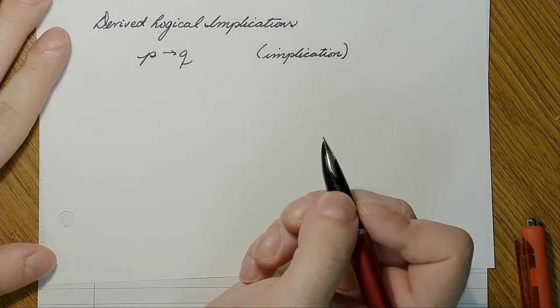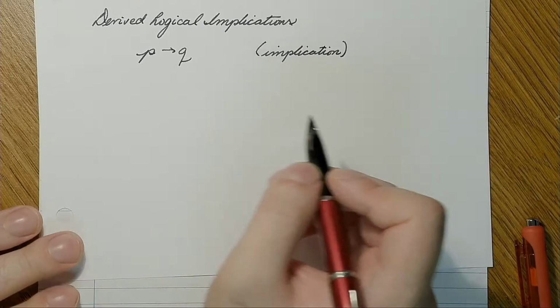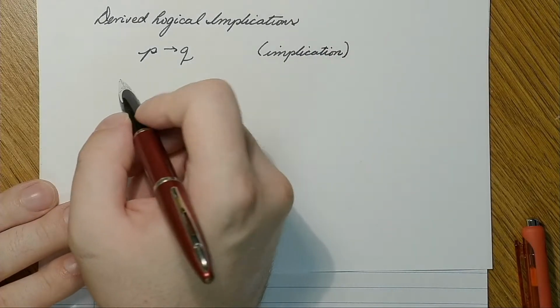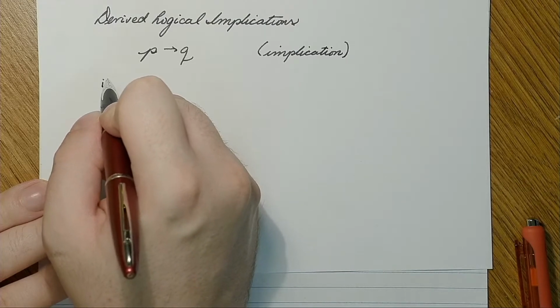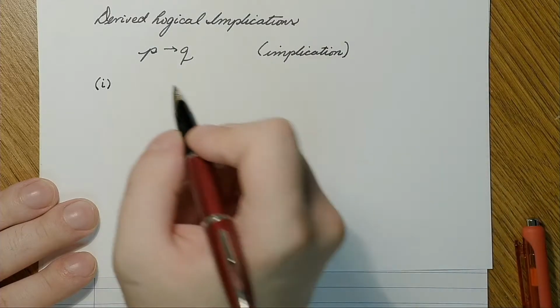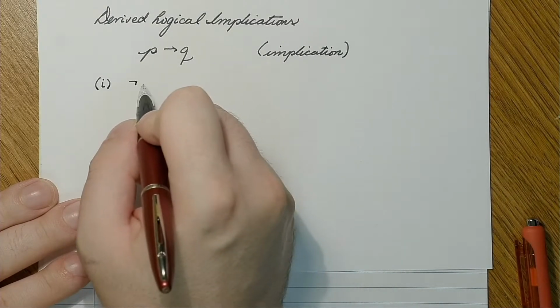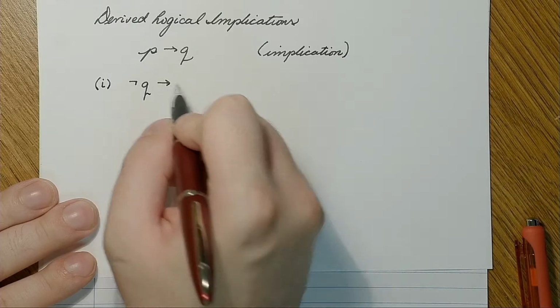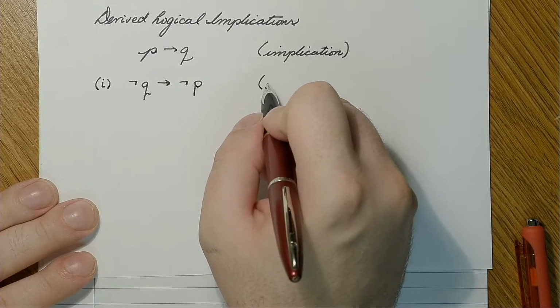There are three associated or derived implications that we can get from this. The first one is called the contrapositive. The contrapositive is negating Q, which implies not P. This is called the contrapositive.